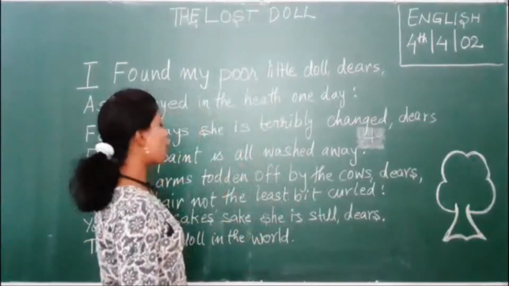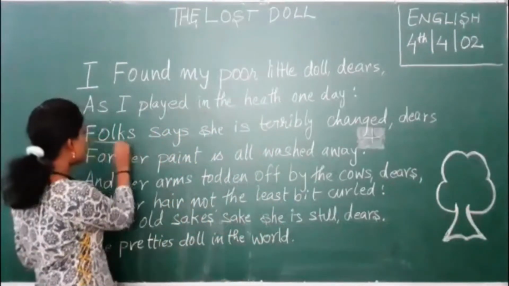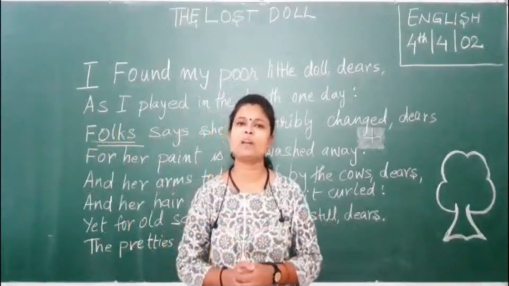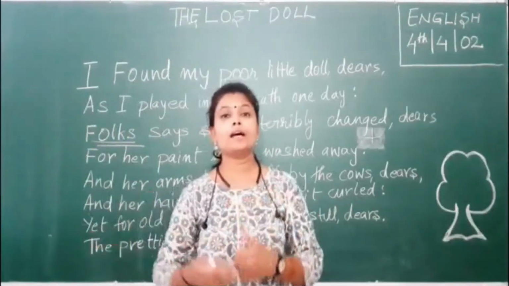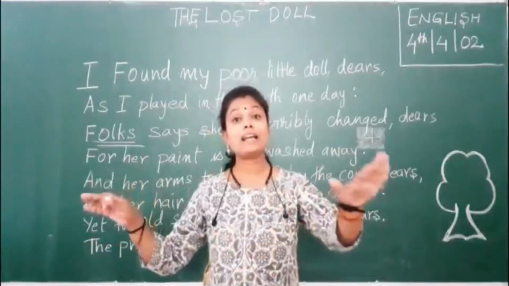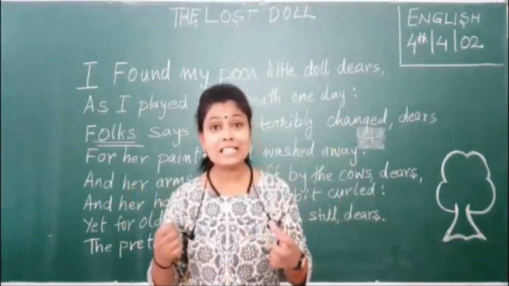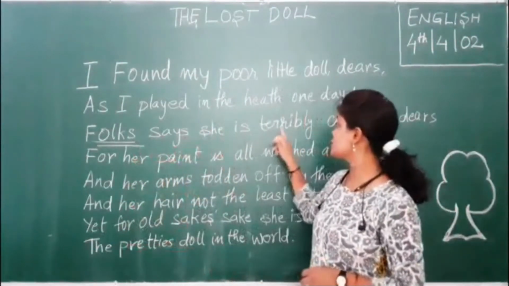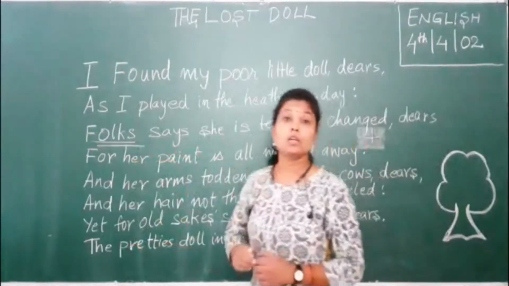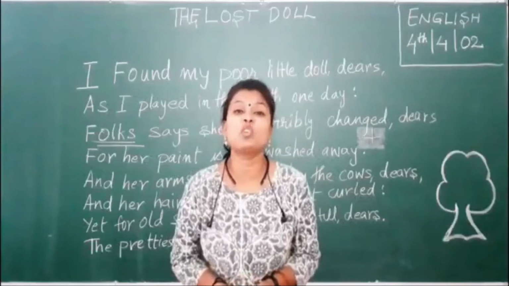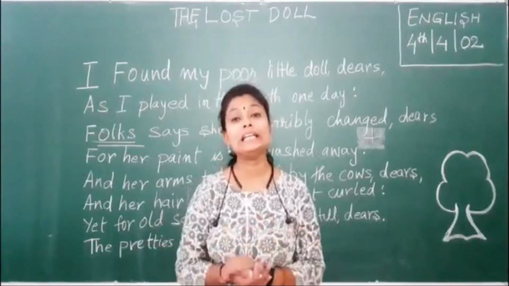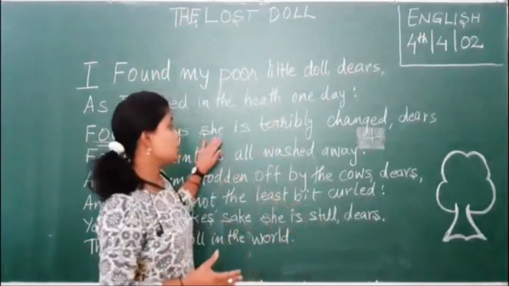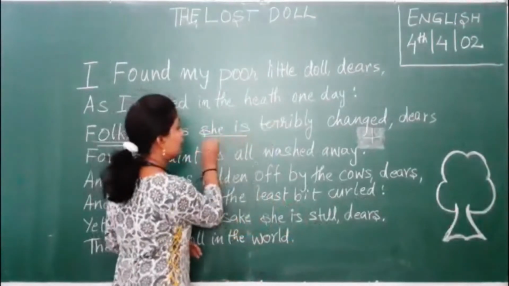Let's see. Folks. Now, what do you mean by folks? Folks means people, the people who are over there. People can be men, women, or a few children playing. So that girl is saying that folks say she is terribly changed, dear. Terribly means awful. She doesn't look beautiful anymore. She means that doll.